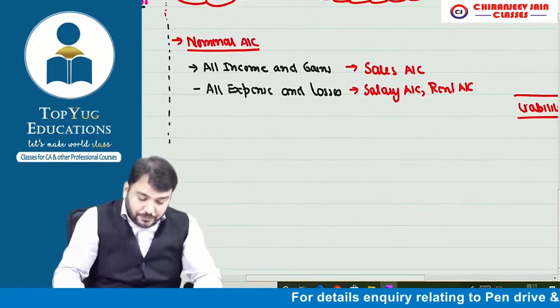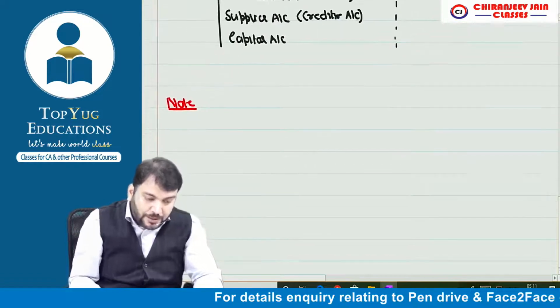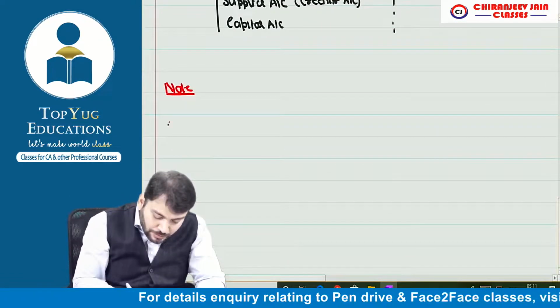So income and expense, correct. Can I say one note? Everyone, note number one.